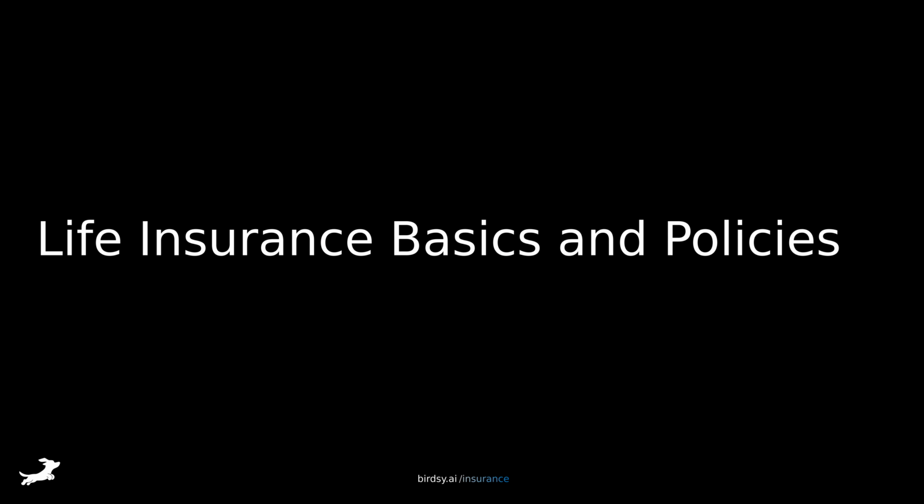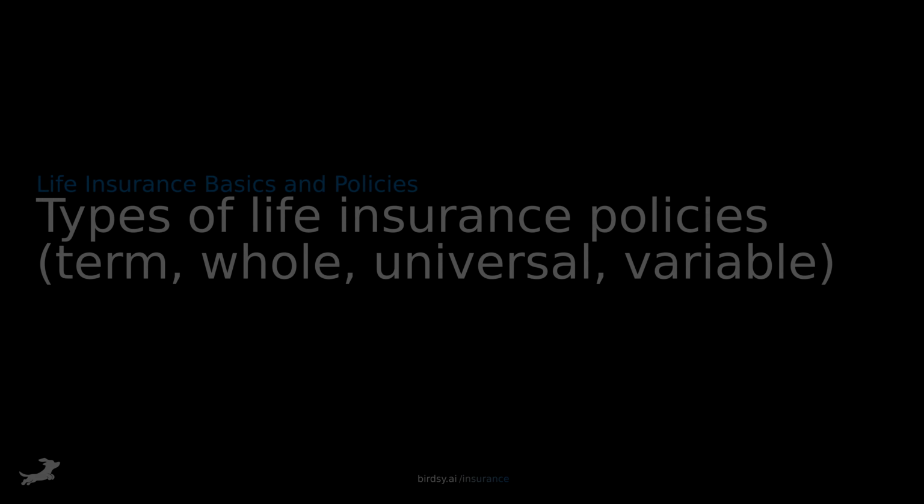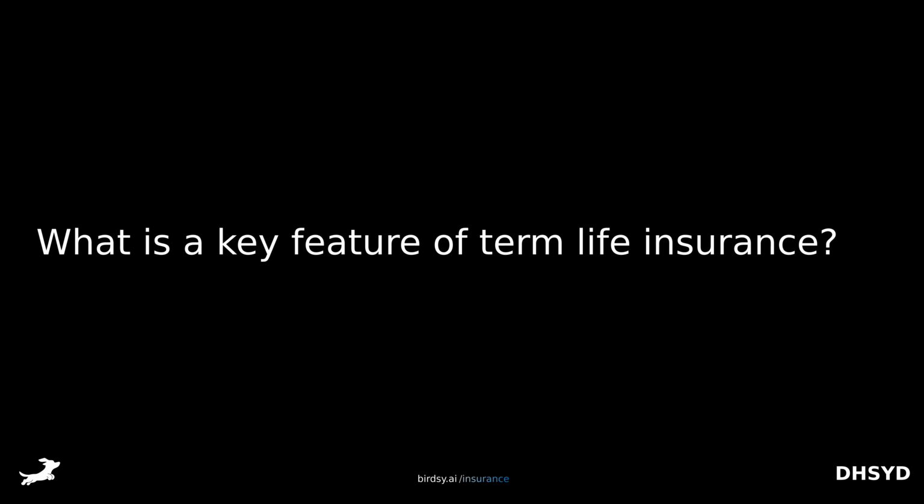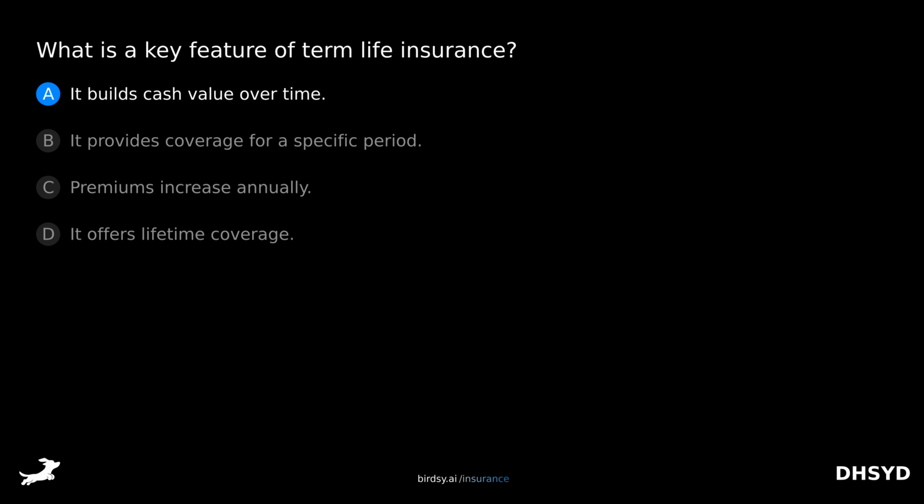Life insurance basics and policies. Types of life insurance policies: term, whole, universal, variable. What is a key feature of term life insurance? Is it A, B, it provides coverage for a specific period, C, premiums increase annually, or D, it offers lifetime coverage?